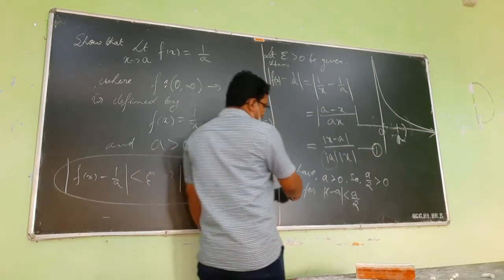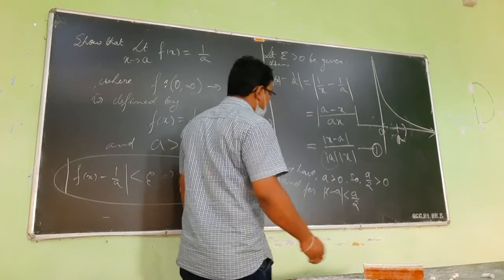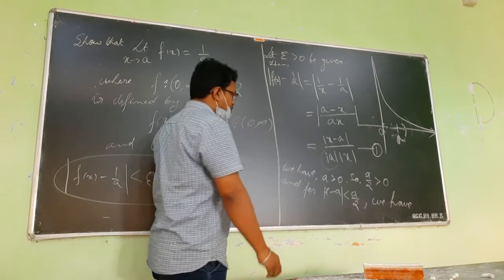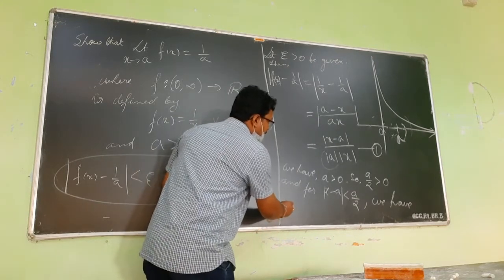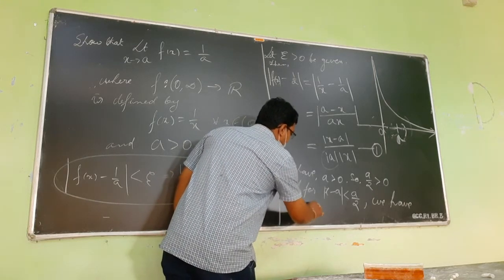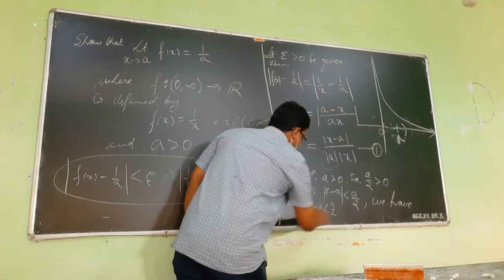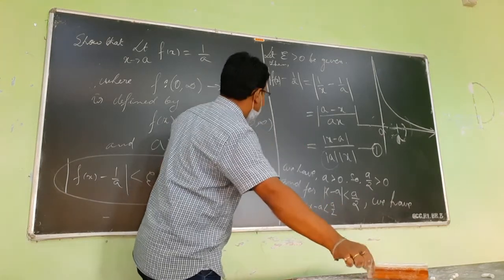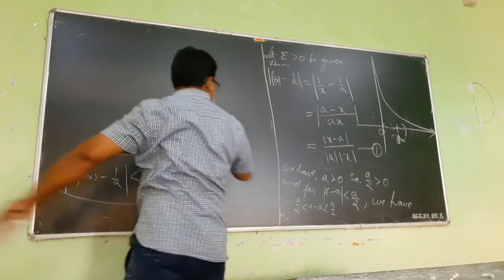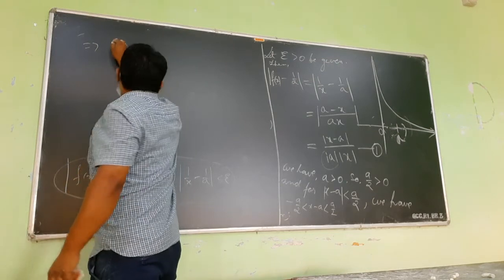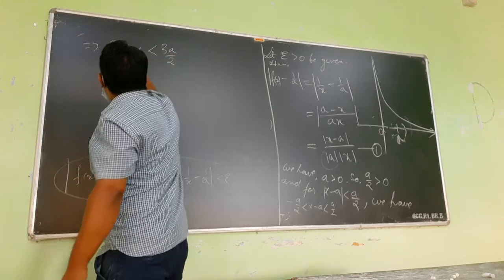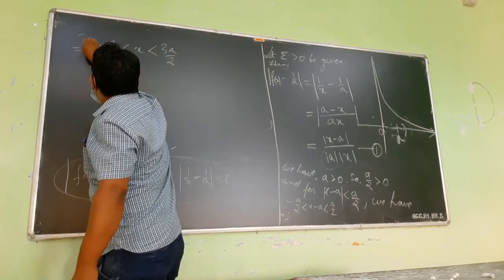So x lies between, we have minus a by 2 less than x minus a less than a by 2. From here I can write that a by 2 is less than x less than 3a by 2, and this is again greater than 0. A by 2 is greater than 0.